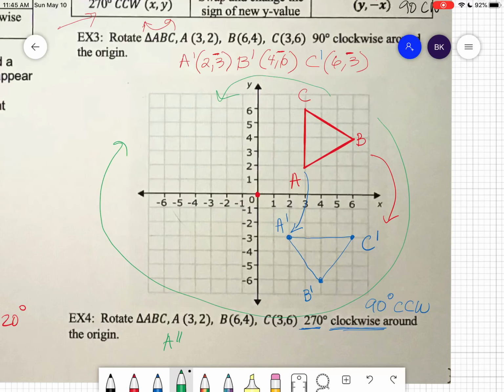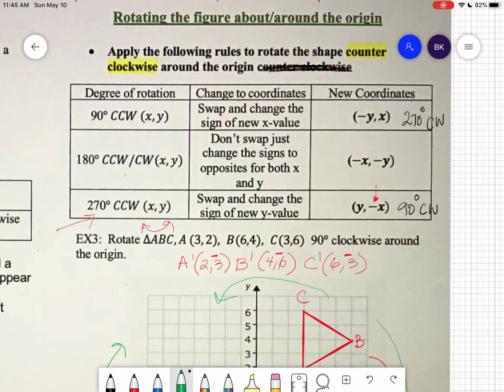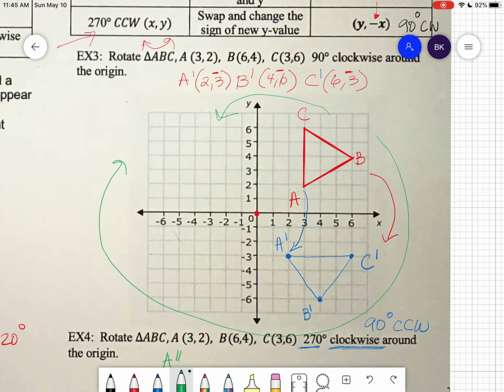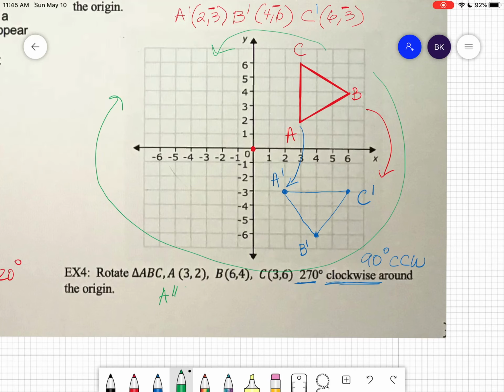So let's see if it works out. So A prime prime, the rule is, and I'm going to show you the rule, 90 degrees counterclockwise. We're going to swap the values and change the sign of the new x value. So let's take a look. A prime prime, we're going to swap 2 and 3 and change 2 to -2. B prime is going to be 4, 6, and it's going to be -4, 6, and C prime is going to be 6, 3, and it's going to be -6, 3.